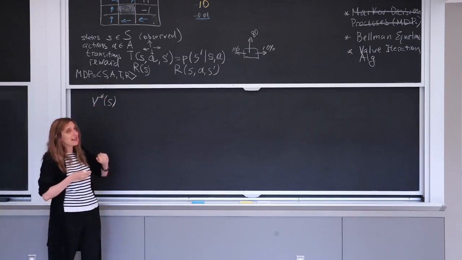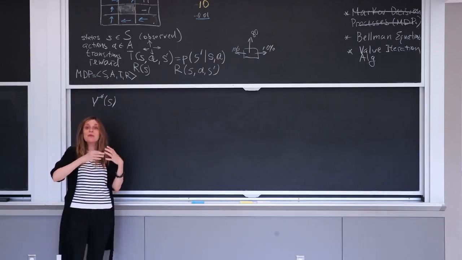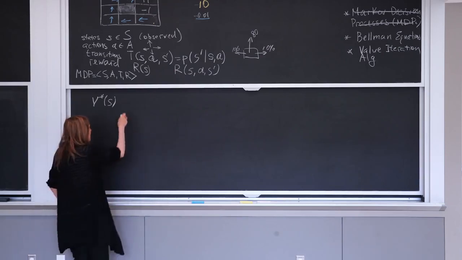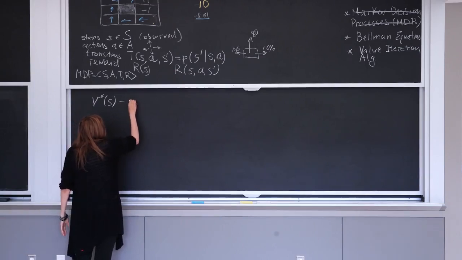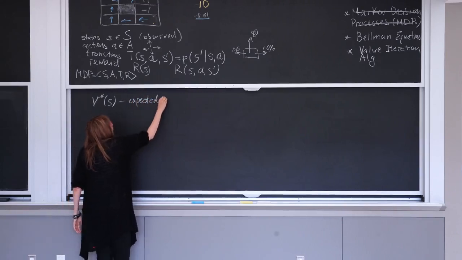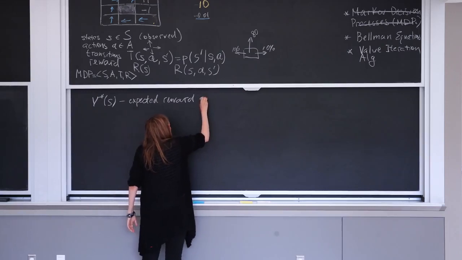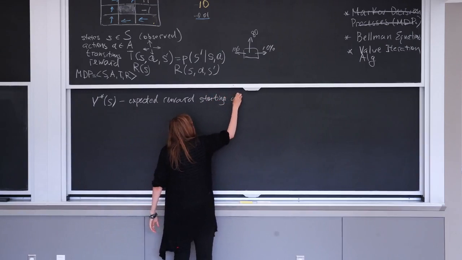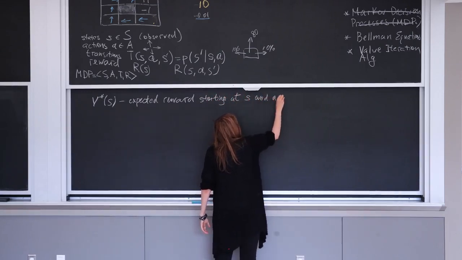And as I alluded to you previously, maybe the state which is next to our reward would have higher value than the state which is very far away. So it's expected reward starting at S and acting optimally.